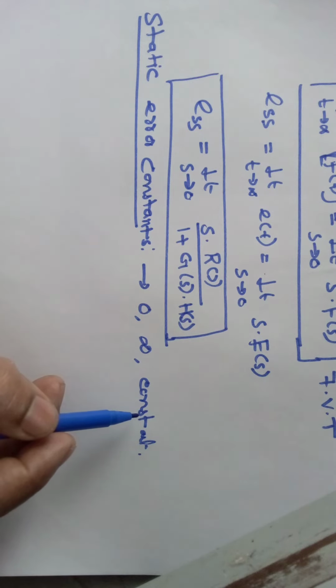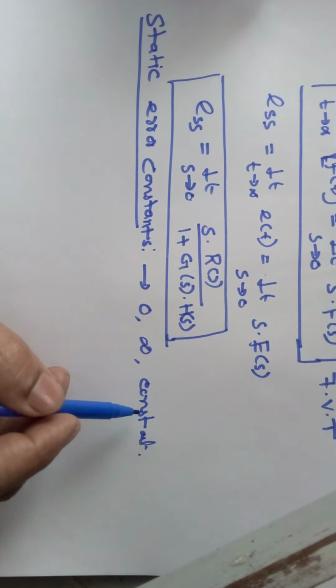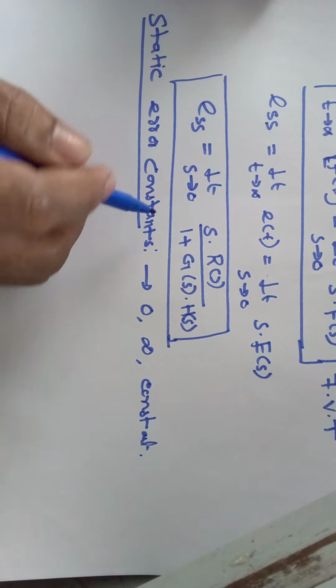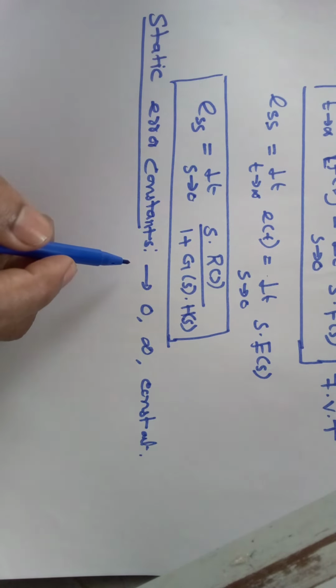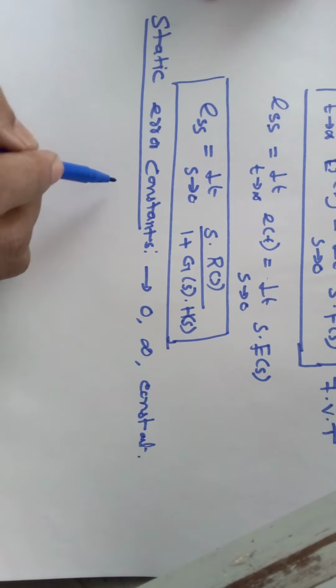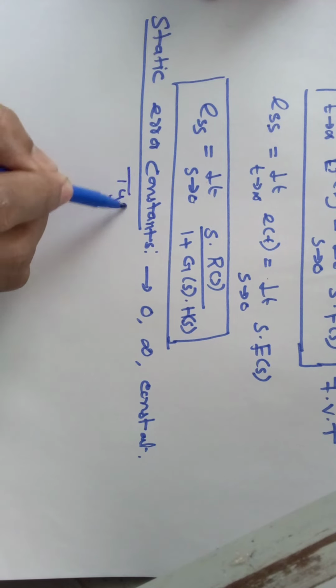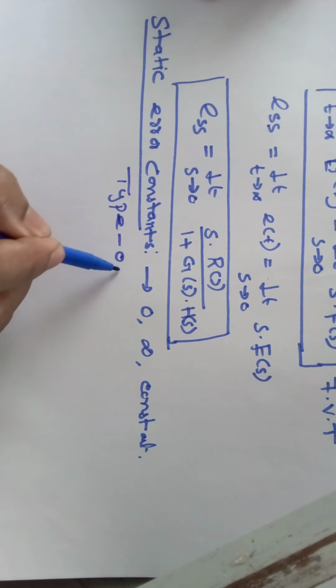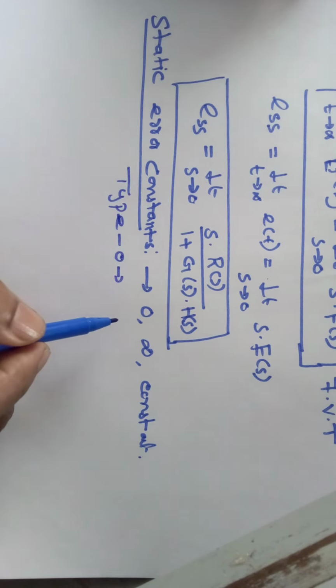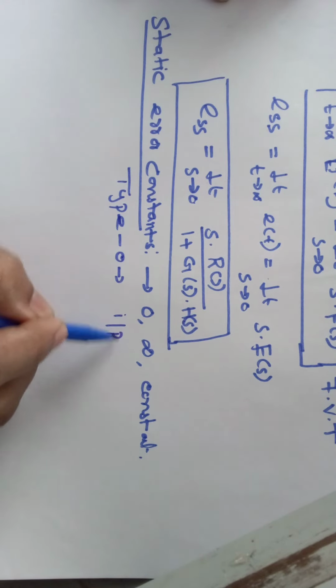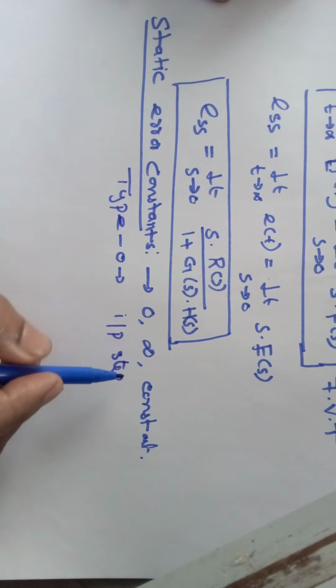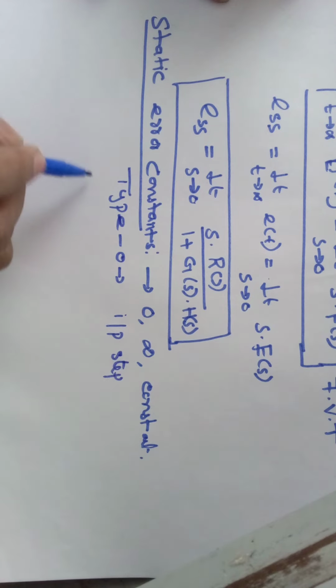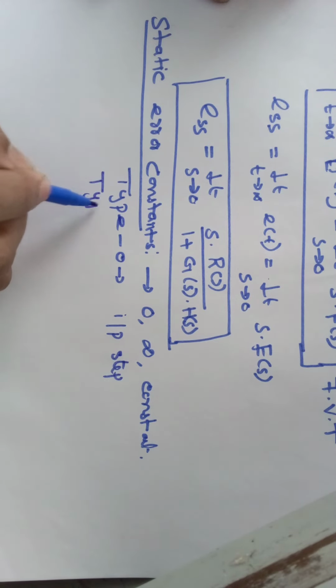For example, a type 0 system will have a constant steady state error when the input signal is a unit step signal, right? Another example is a type 1 system.